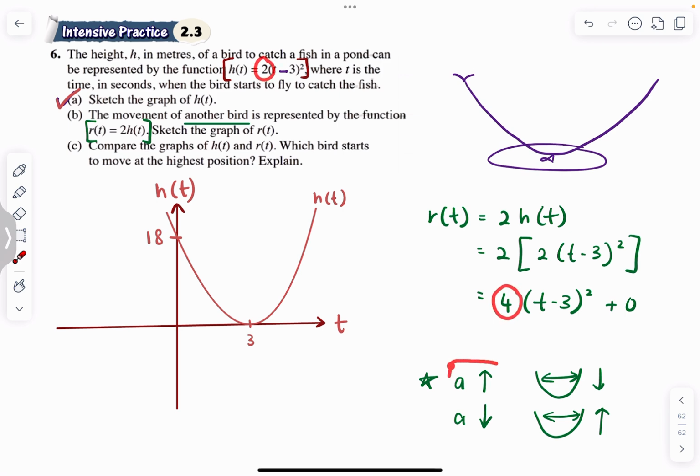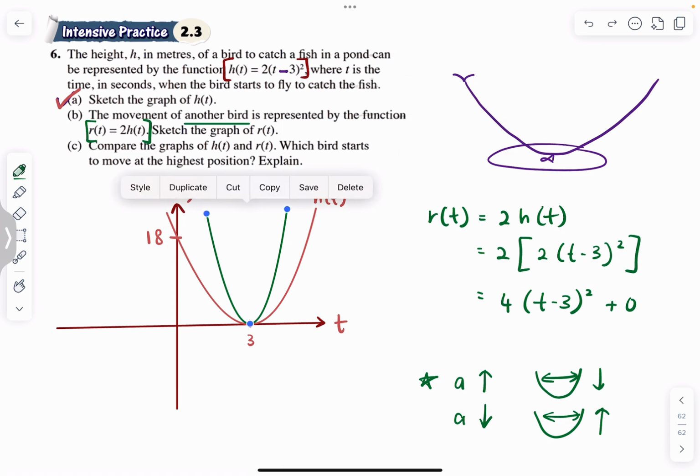So a has increased. Therefore, the width of the new graph will become smaller. So our graph will become thinner. Something like this. This is what our graph will look like.